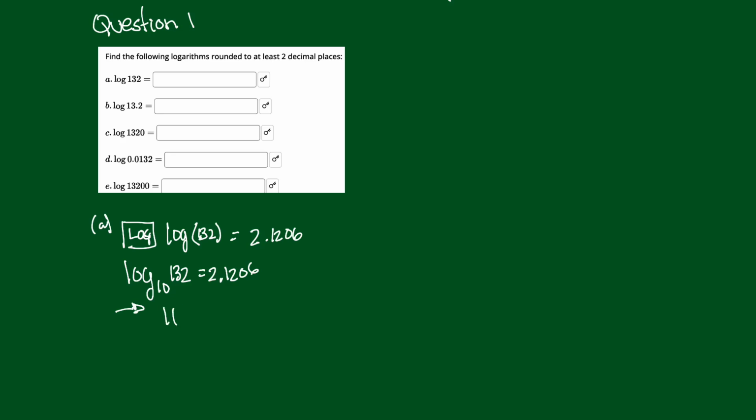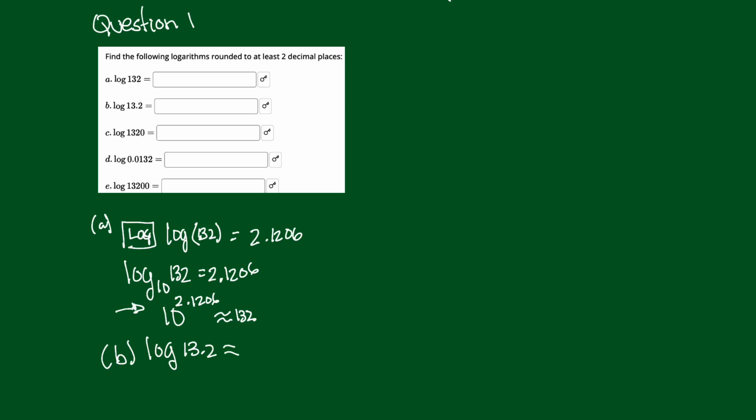So we're saying that 10 to the 2.1206 is going to be about equal to 132. And we're just saying about because we rounded this off. If it just keeps on going, but we rounded it off. So this is approximate.